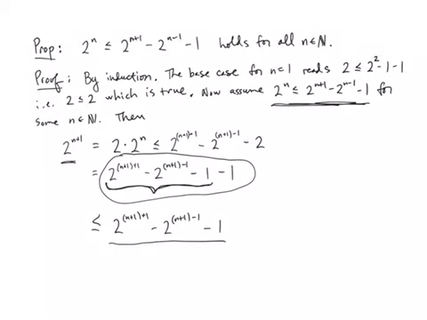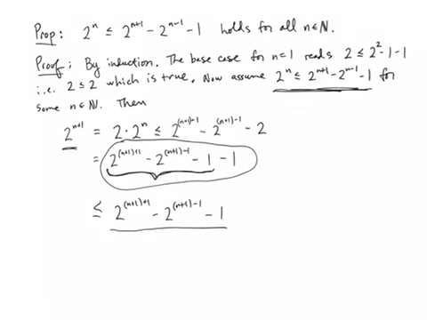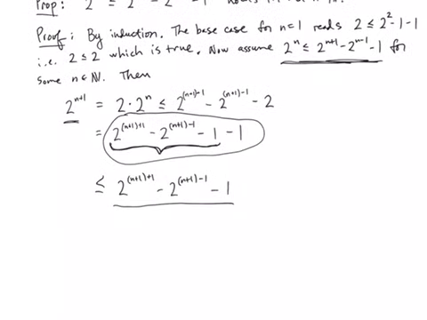That's exactly the statement p sub n plus 1. Okay, so assuming p sub n, we've shown p sub n plus 1, which completes the inductive step and the proof.